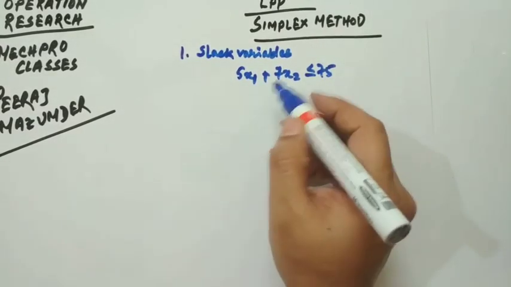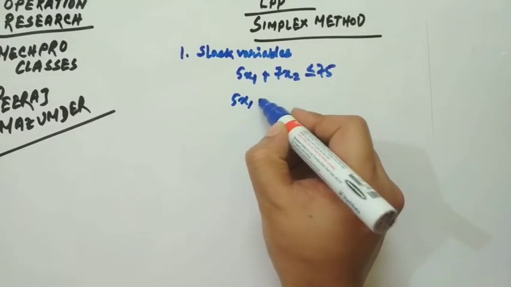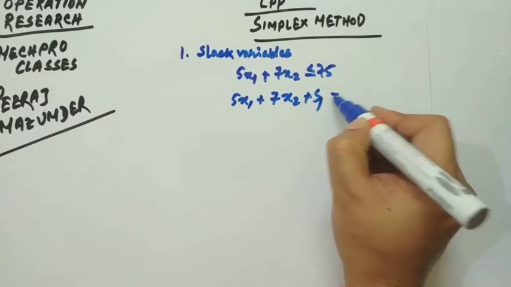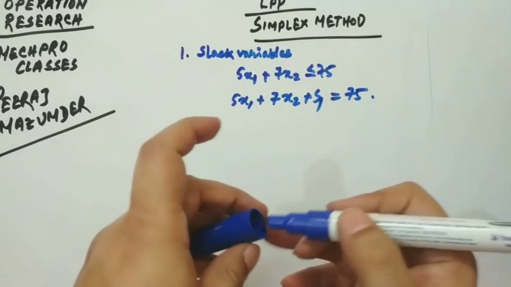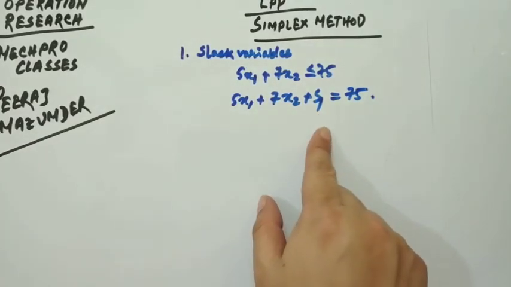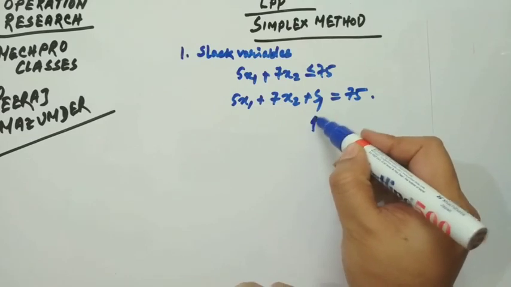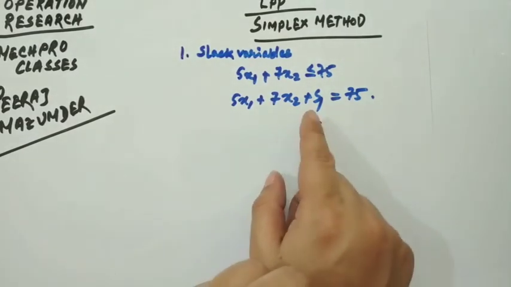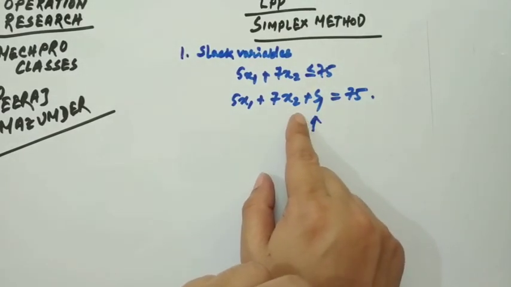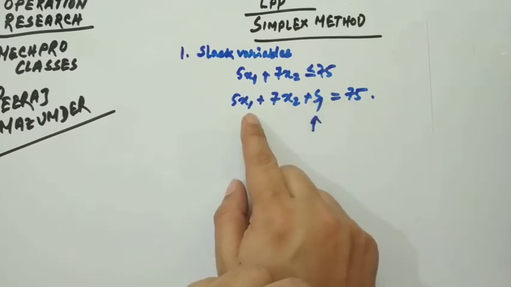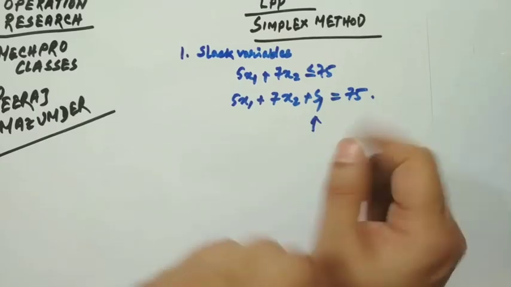So we add a variable, known as a slack variable, like s1: 5x1 plus 7x2 plus s1 equal to 75. This s1 is an additional variable and we call it a slack variable. Now what does this s1 denote? It is the difference by which 5x1 plus 7x2 falls short of 75.